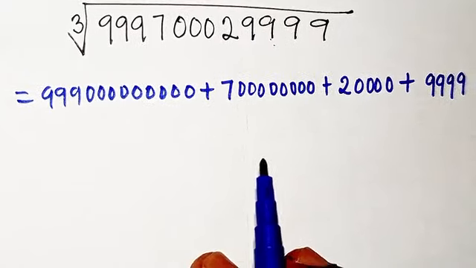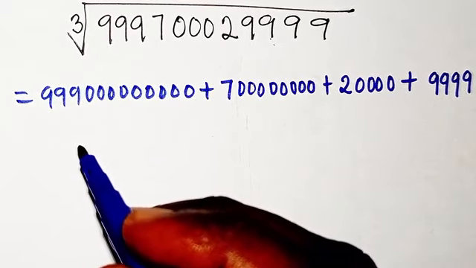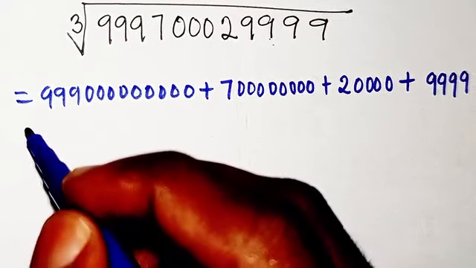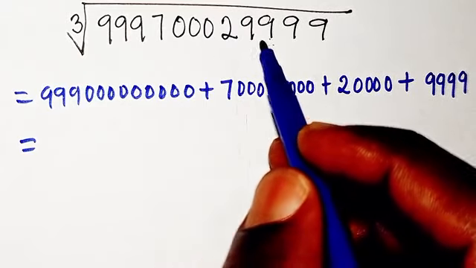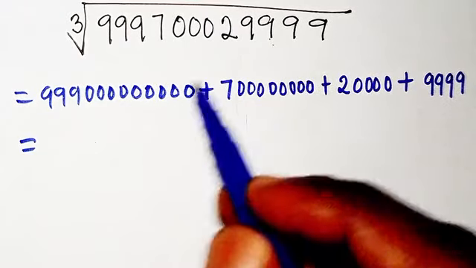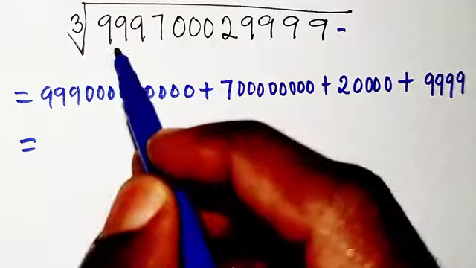So now the next thing we are going to do is to write each of these in index number. So this is equal to this, that is this inside.